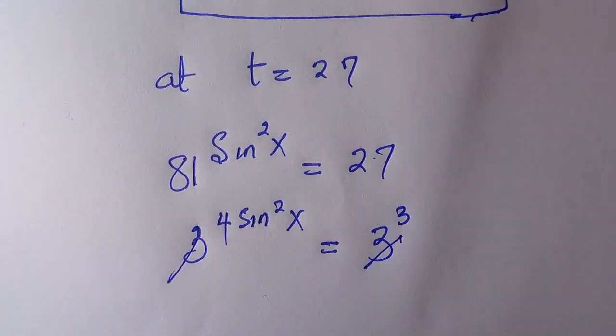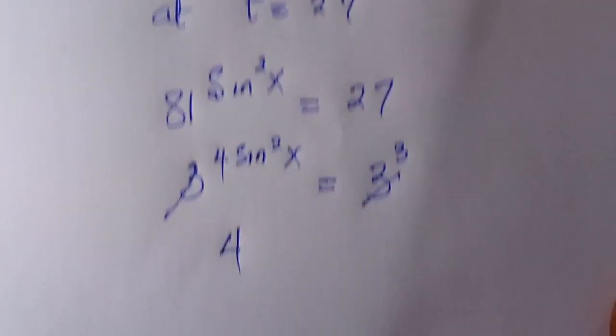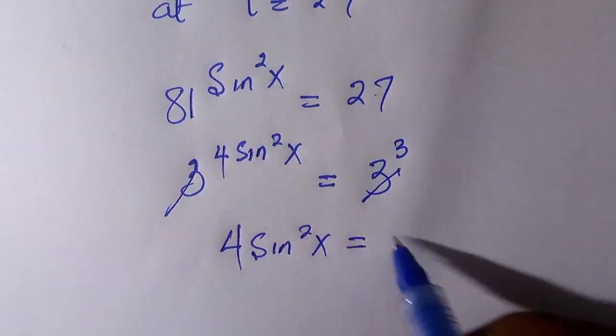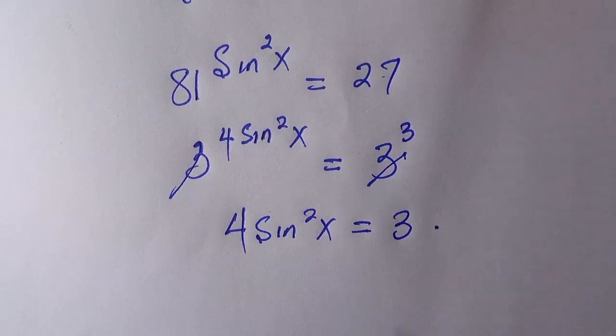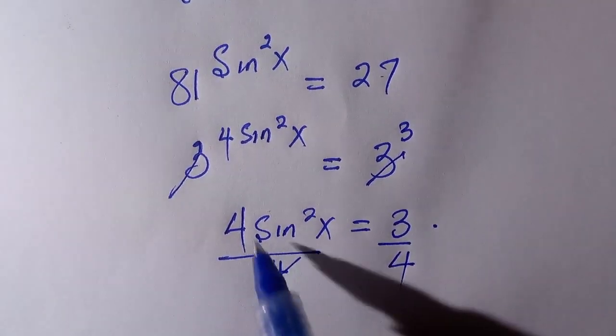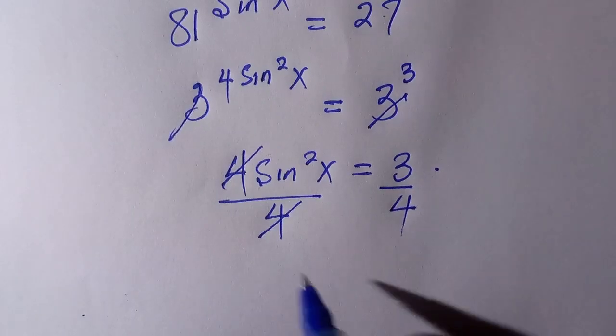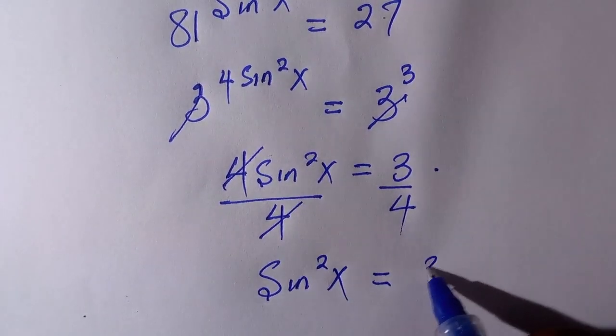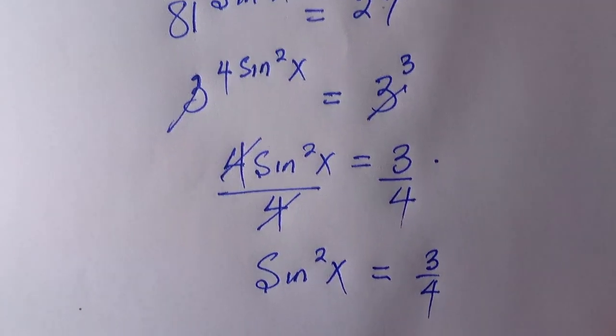This cancels, and here we have 4 sine square x equals 3. By dividing both sides by 4, we have this and this cancelled. Here we have sine square x equals 3 divided by 4.